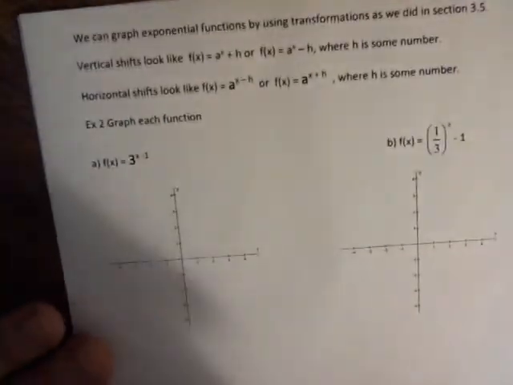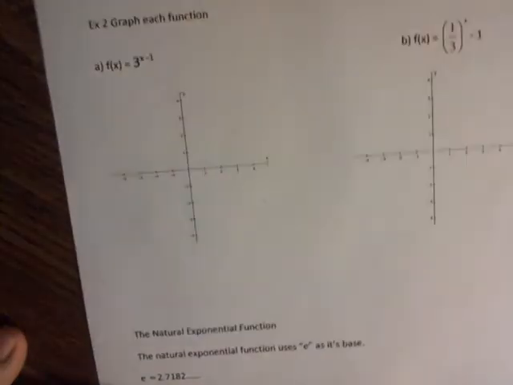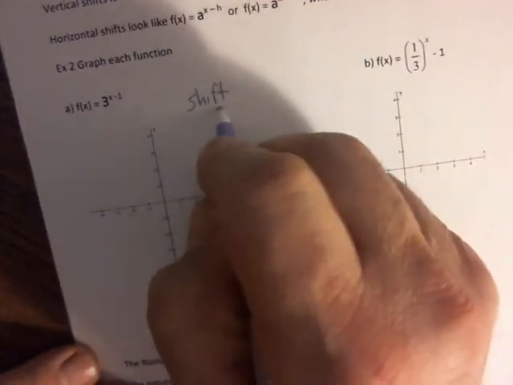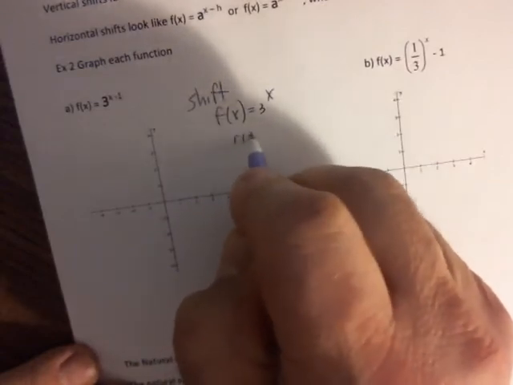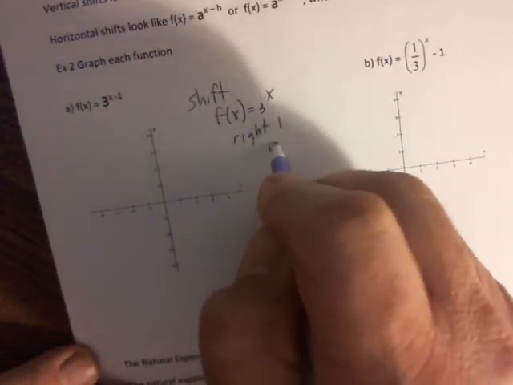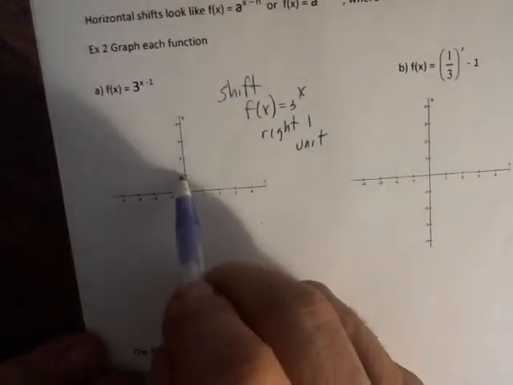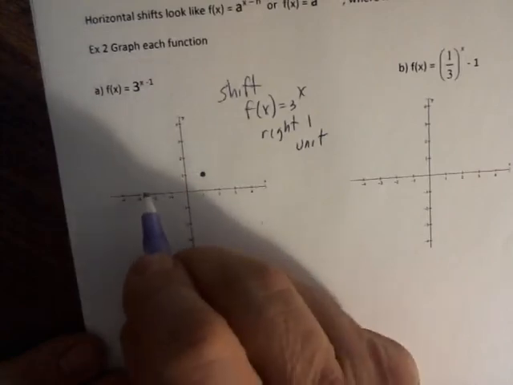So let's look at first a graph with a horizontal shift. So remember, 3 to the x, a is bigger than 1. It's going to look like this. And we're going to shift f of x is 3 to the x, right, 1 unit. Well, the easiest thing to move is the y-intercept. And then you just sketch it.